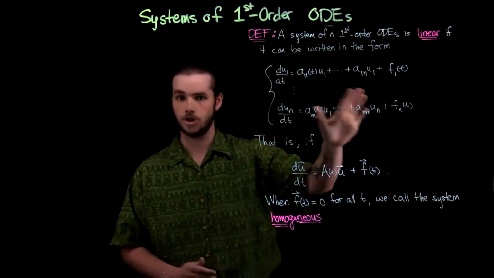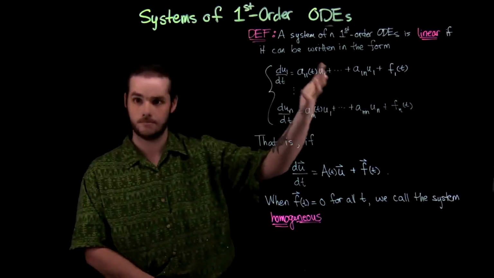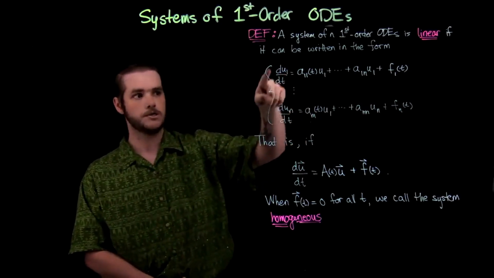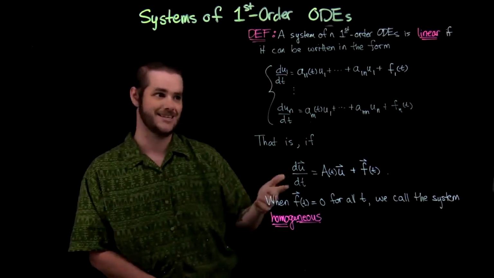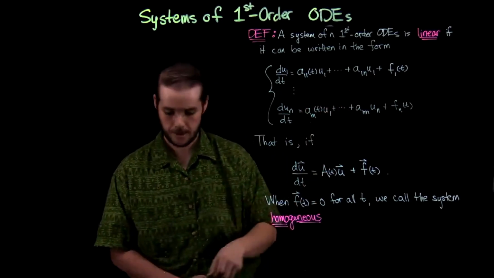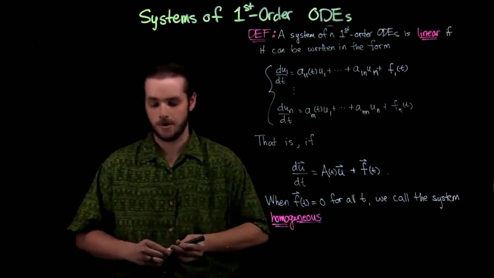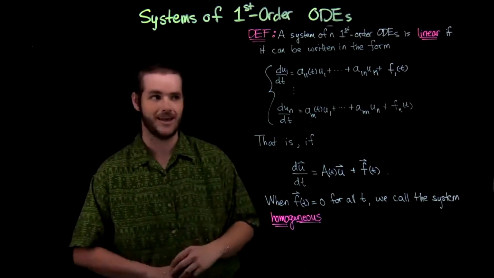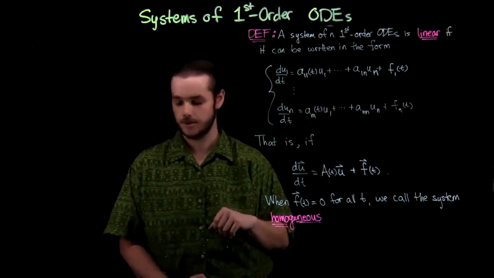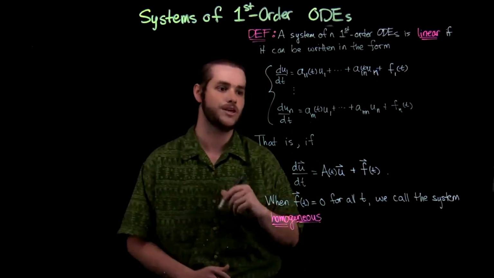So here, this is still just first order, but I have many dependent variables. When I have du1 dt, notice that, excuse me, a little typo here, as I look at every term, u1 to un, none of the coefficients depend on my dependent variables, only on t.